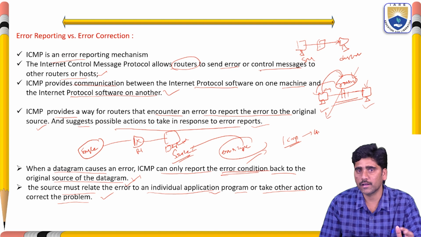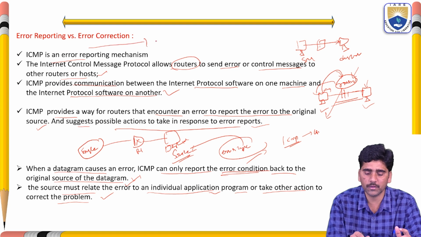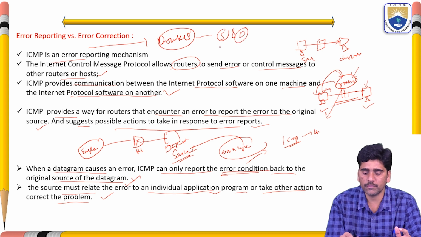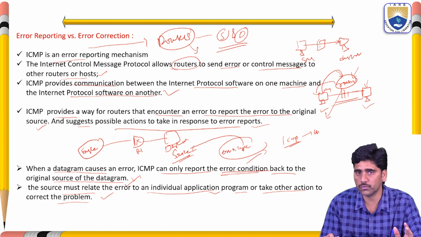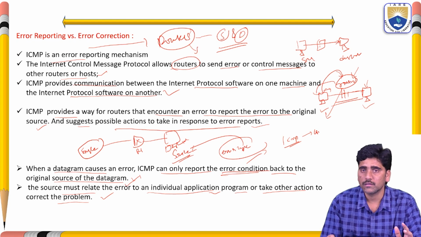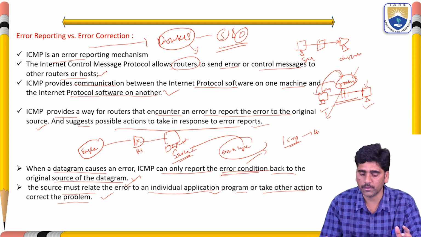And here, error reporting versus error correction. This completely happens with the help of all the routers between source and destination. Routers have an important role in giving the messages to ICMP about the problems and the status in which they happen.